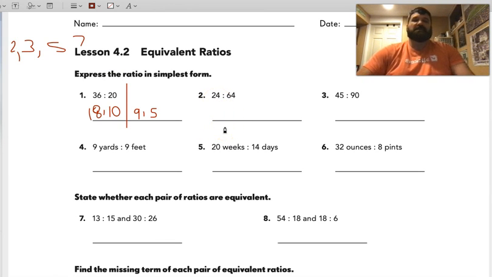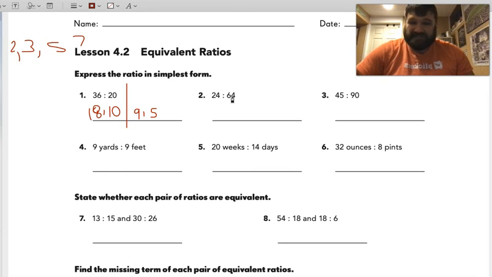Okay, so let's do number 2. Let's try something a little bit harder this time and not just go with 2, 3, 5, and 7. Sometimes I want you to think about what factors they have, and what is the greatest common factor that they share. On 24, since it's small, you should be able to say 2, yeah, because they're both even. 3, yes, but 3 doesn't go into 64 because 6 plus 4 is 10.